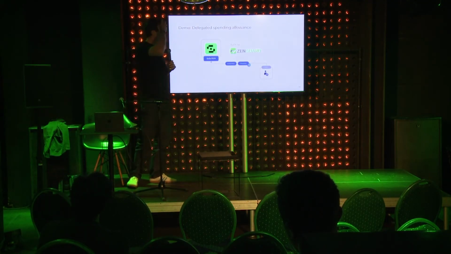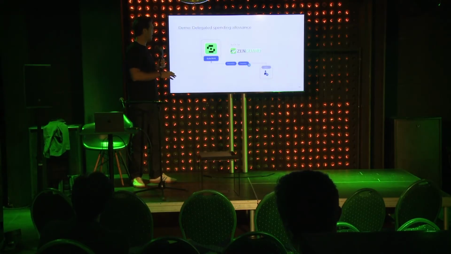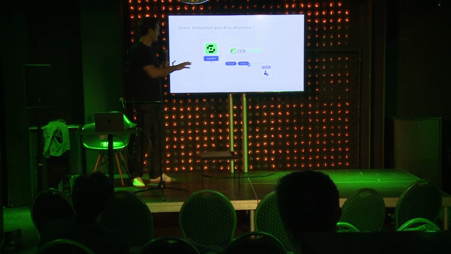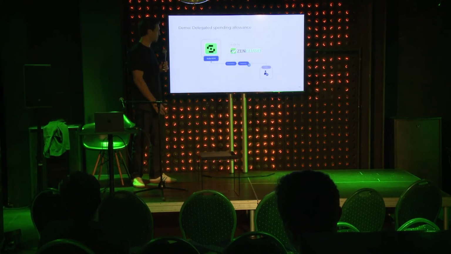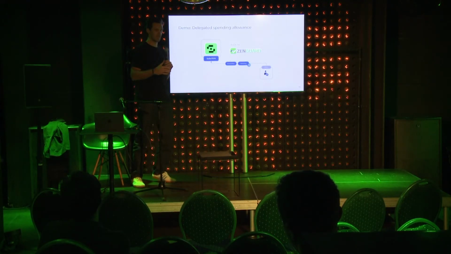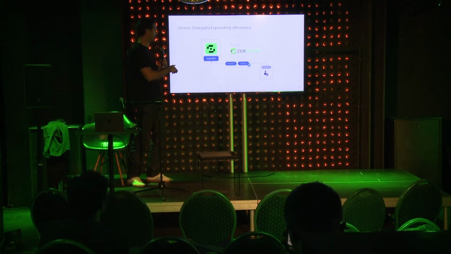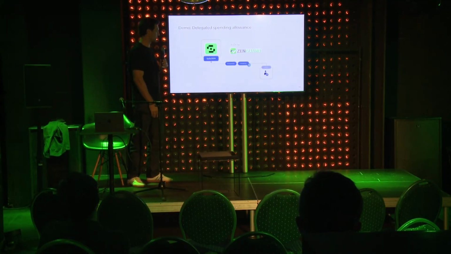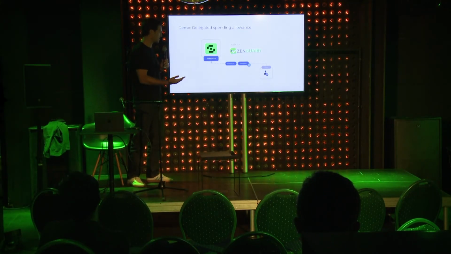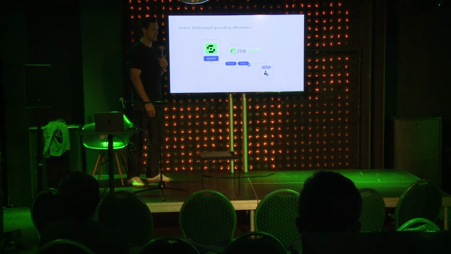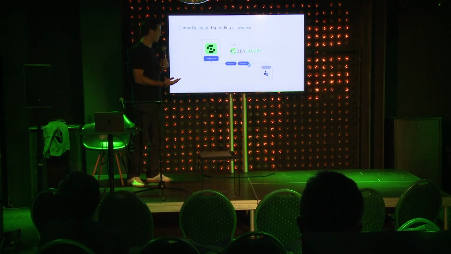Cool. So that completes the presentation component of today's workshop. I'm going to go through a really quick demo to show the Safe 7579 adapter in use. This was built by Zenguard, so a huge thanks to that team for being an early adopter and giving us feedback on what we've built so far.